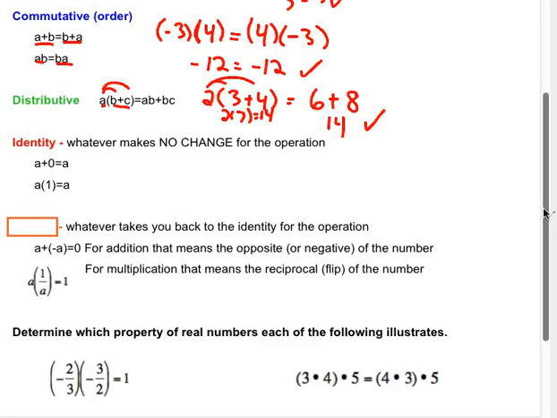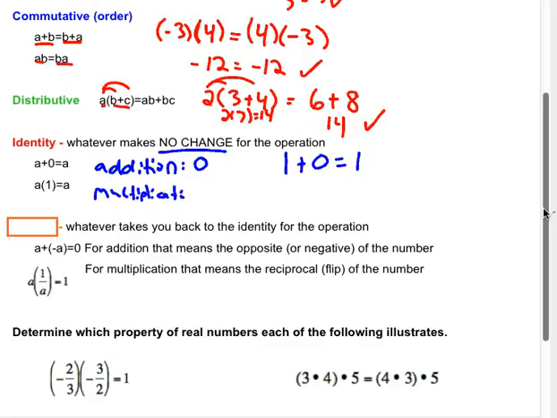So for example, for addition, the identity is 0, okay? Because if you take anything like 1 plus 0, it doesn't change. The whole idea with the identity is no change occurs, okay?